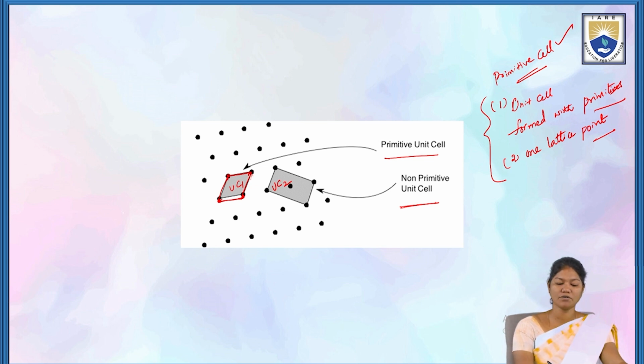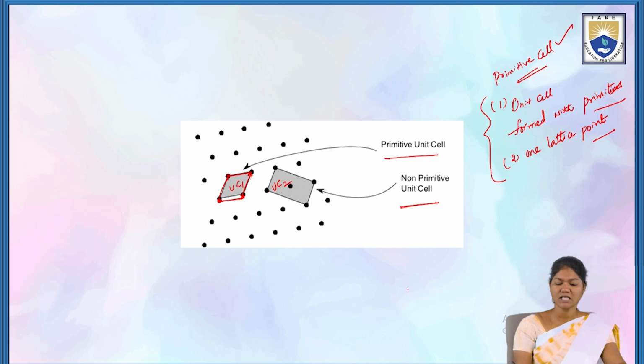So these lattice points can be shared with other 4 unit cells, so that each lattice point can be shared with other 4 unit cells.